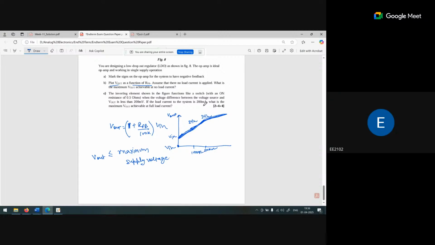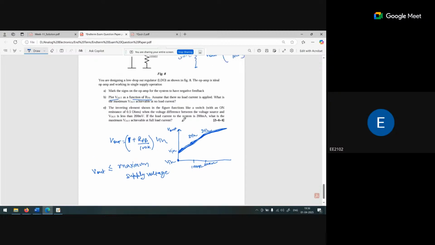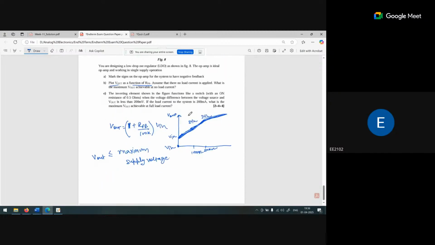Now, the voltage difference between the voltage source and V out is less than 200 millivolts when the load current of the system is 2 milliamps. So they are saying the maximum load current is what?